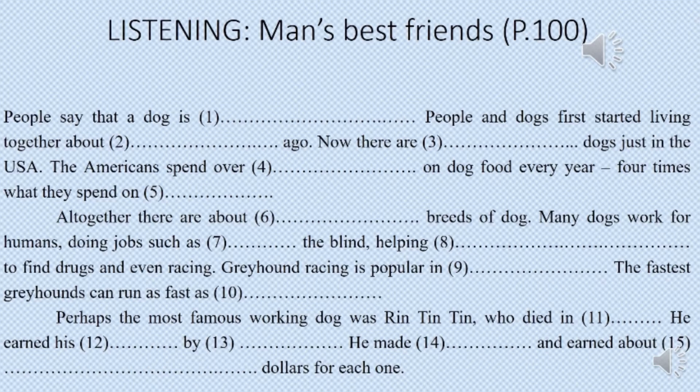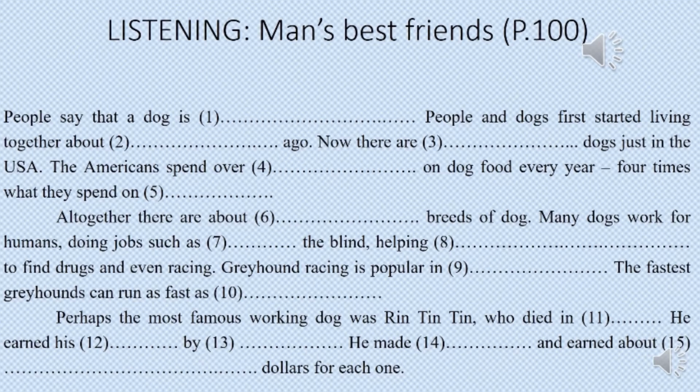Module 11, Recording 4. People say that a dog is a man's best friend. People and dogs first started living together about 10,000 years ago. Now there are 53 million dogs just in the USA. The Americans spend over $2 billion on dog food every year, 4 times what they spend on baby food. Altogether, there are about 150 breeds of dog.